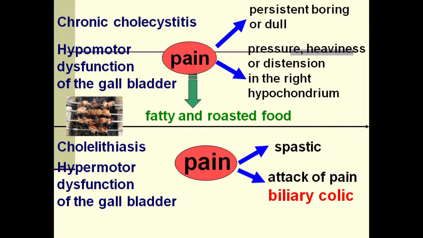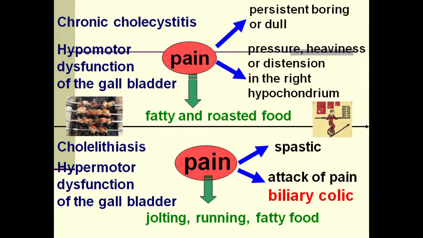We are talking about biliary colic or hepatic colic. This pain is provoked by jolting, running, jumping movements or taking fatty food, because active contraction of the gallbladder will be felt by the patient as spasm.